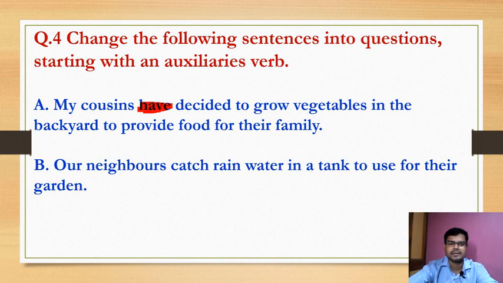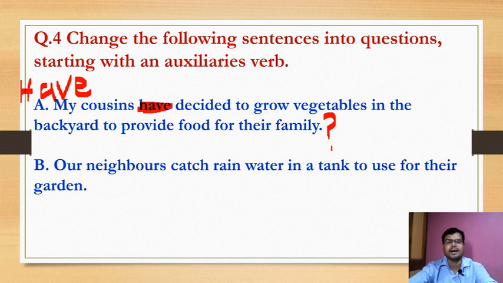Instead, we will write this have at the starting. So: have my cousins decided to grow vegetables in the backyard to provide food for their family, and at the end we have to put a question mark. Understood? Have you got this?